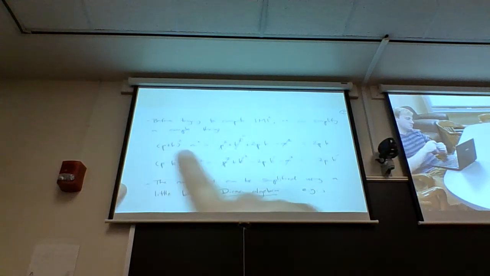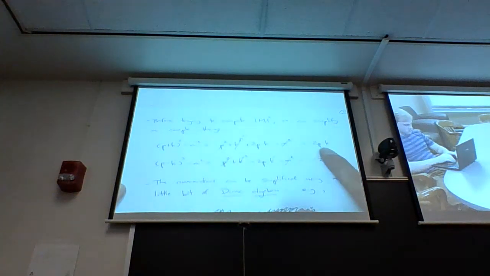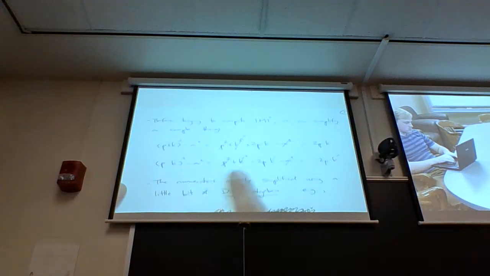So the denominator you can just write as 2 p dot k. And if you want, you can take it a step further and write it in terms of a Mandelstam variable, something proportional to s. The same thing goes for the t-channel propagator: everything cancels except the dot product, and you could write that in terms of t.